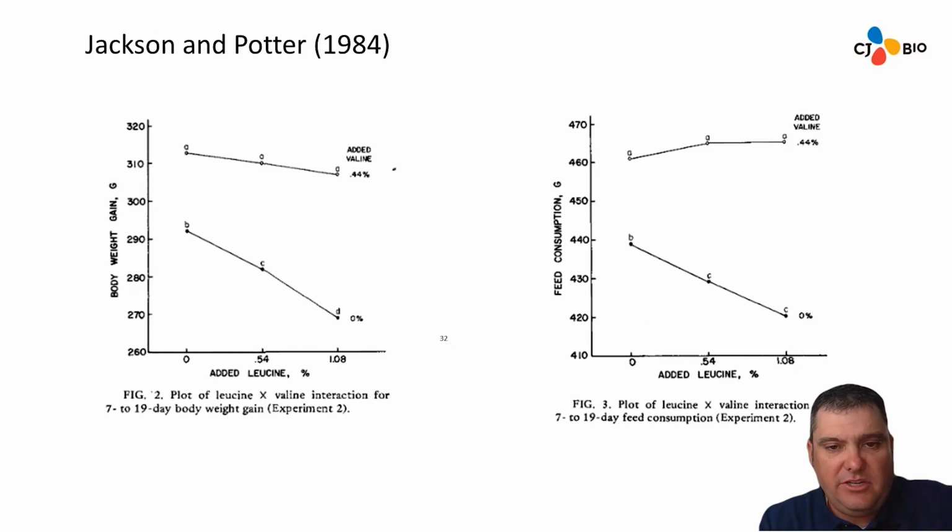However, those same additions of leucine in a diet containing added L-valine at 0.44% eliminated the negative impact on body weight gain and feed intake. So the increase in L-valine balanced the excess leucine and allowed for equivalent performance.